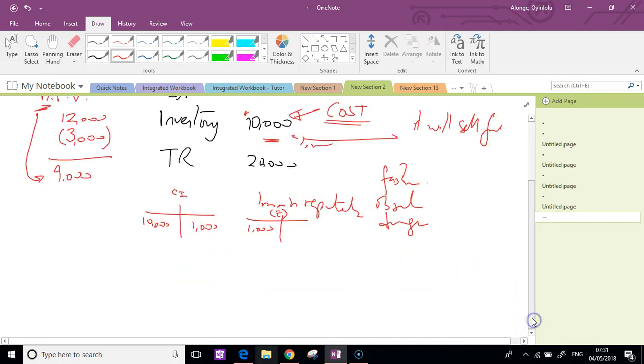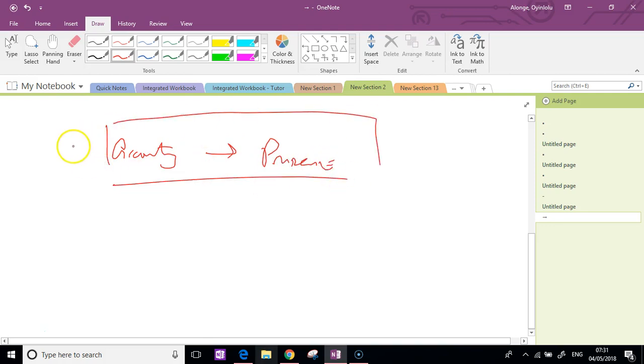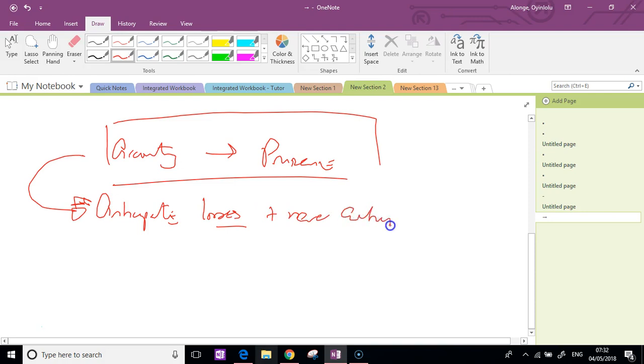So let's talk about the theory, or the concept, of this. The accounting concept involved here is referred to as prudence. Prudence says to us, and the starting point is what you must accept, because we make these principles up to a certain extent, that we must always anticipate losses and never anticipate profits.